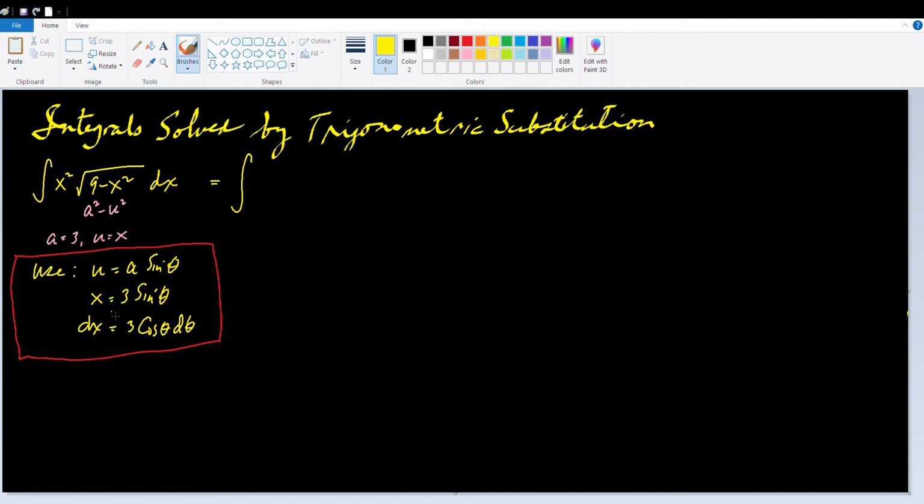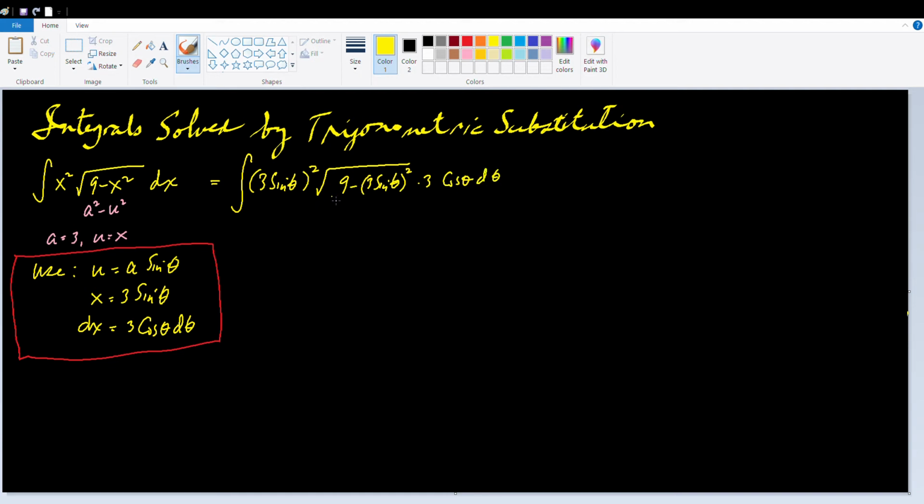x squared will be equivalent to (3 sine theta) squared, square root of 9 minus x squared, which is also 3 sine theta squared, and dx is 3 cosine of theta d theta.